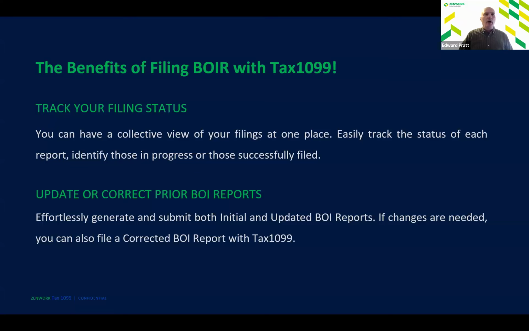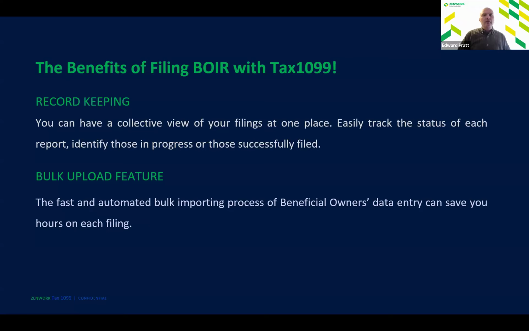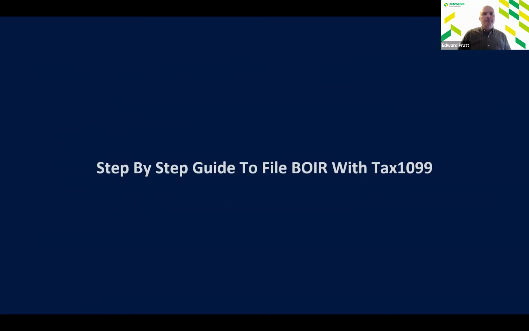I've talked about how that is necessary to do within 30 days. And then especially if you are an accountant or an attorney who's working with multiple clients, having them all in one place is a good proposition. You can easily come in and track the status of them and then also see the finished reports themselves. There's also some bulk upload capabilities that you get by using Tax 1099.